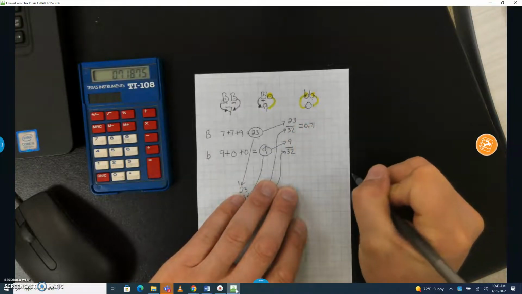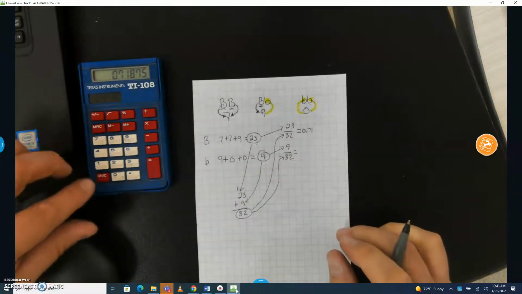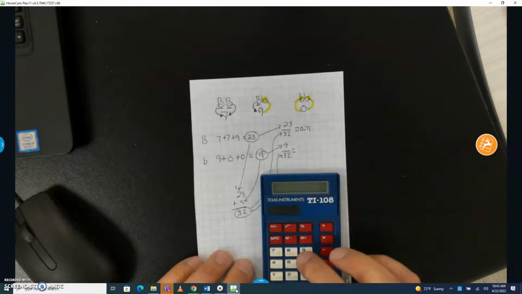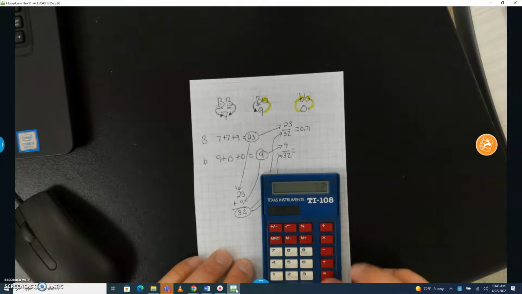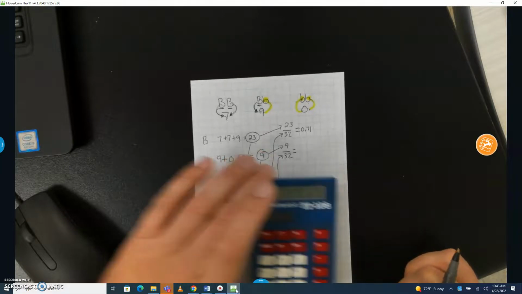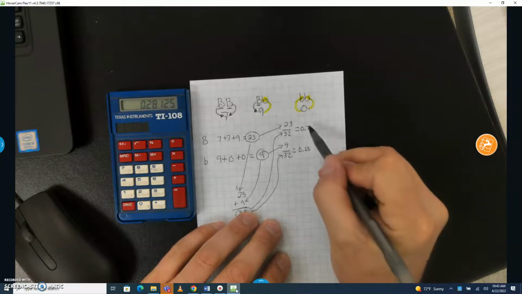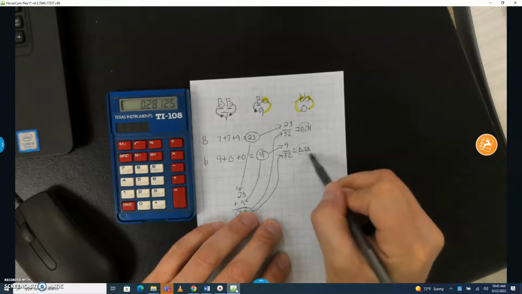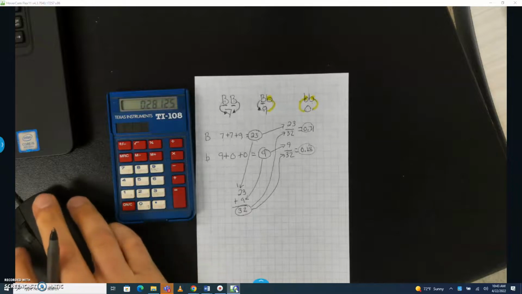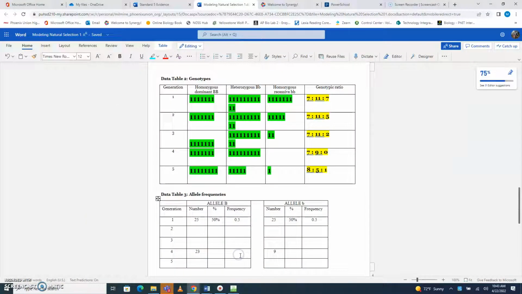Repeat for this one. 9 divided by 32, 0.28. Those two answers go right here. So this one was 0.71, and this one was 0.28.